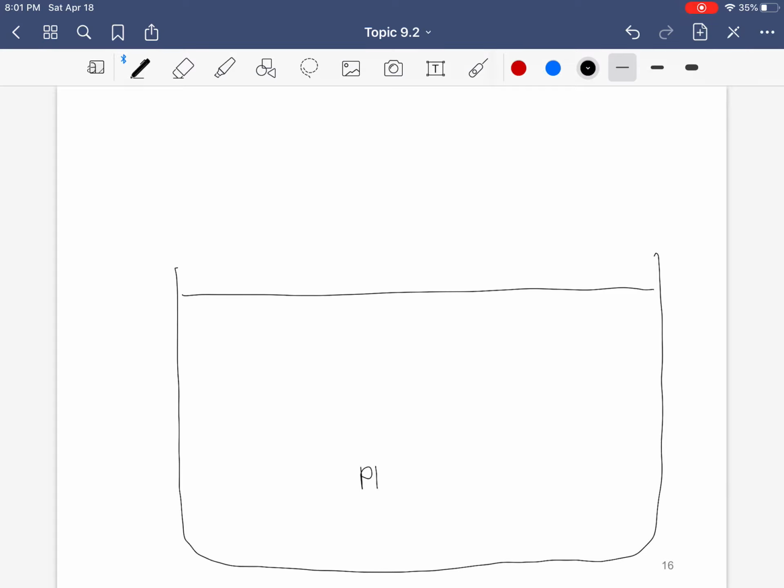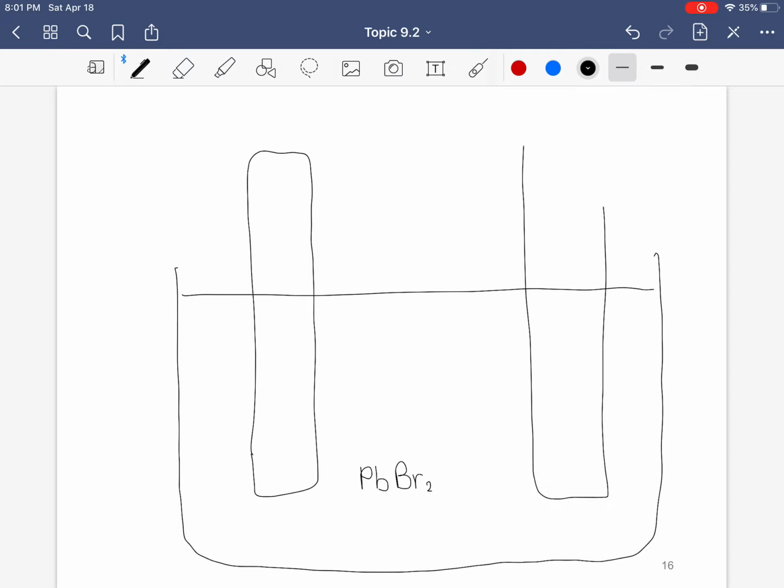And as I said, the electrolyte today is the example lead 2 bromide. All right. I have 2 electrodes. And this electrode is graphite.